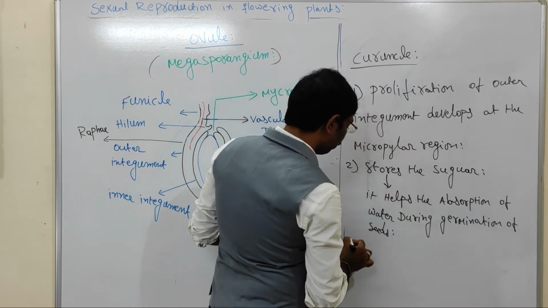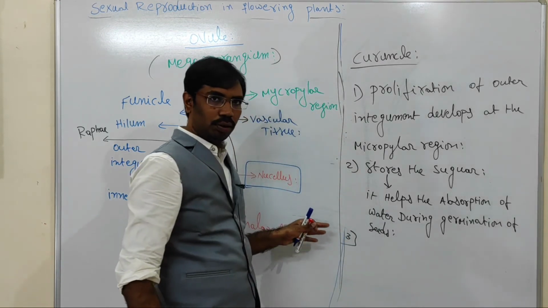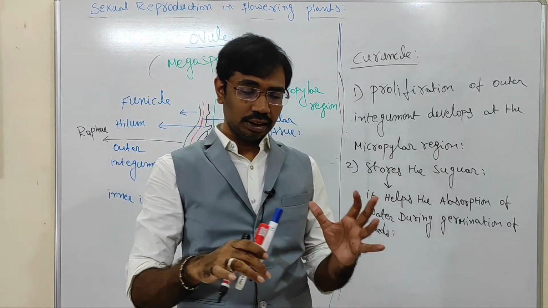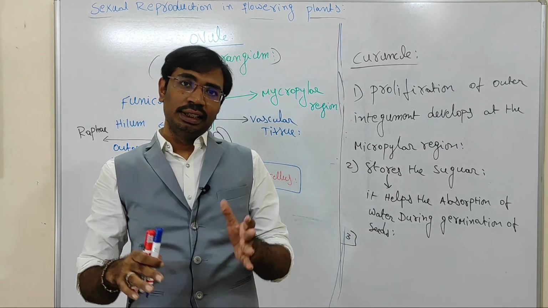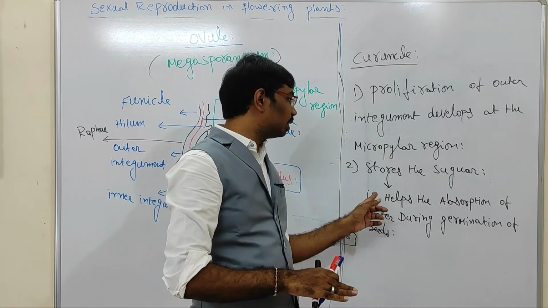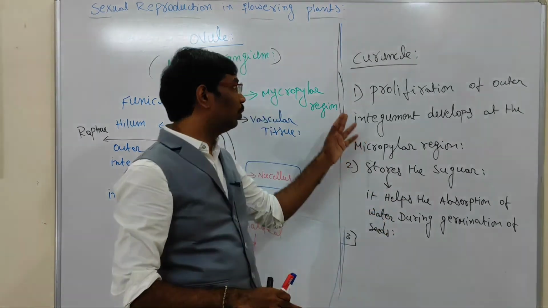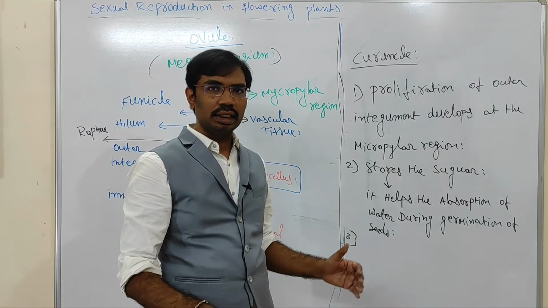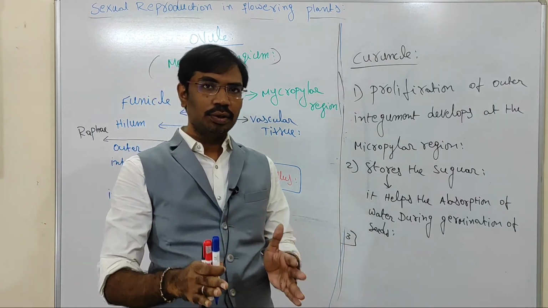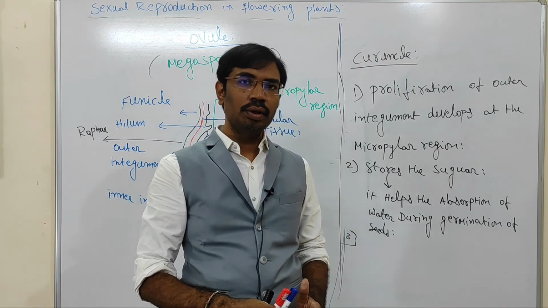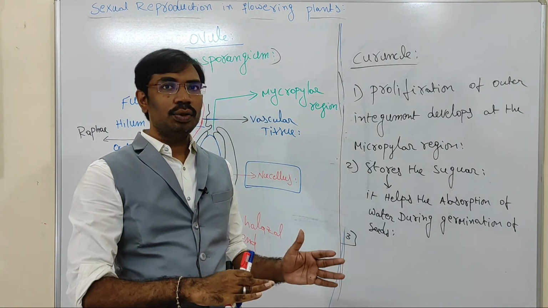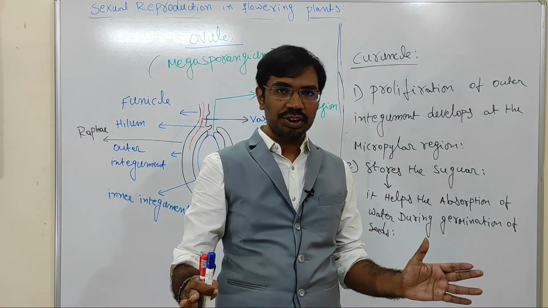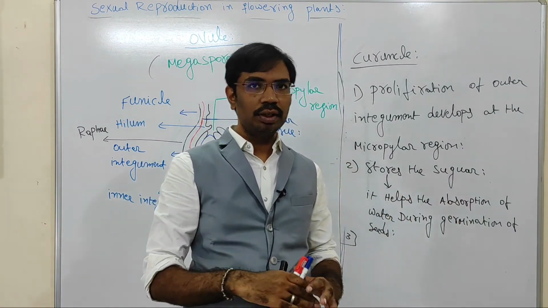Another important and very interesting point here: the seeds contain sugars. When the seeds contain sugars, ants are attracted towards them. When the ovule develops into the seed, the outer layer contains sugars. When sugars accumulate in the outer integument, ants are attracted towards the seeds. The ants are responsible for dispersing the seeds to different areas.